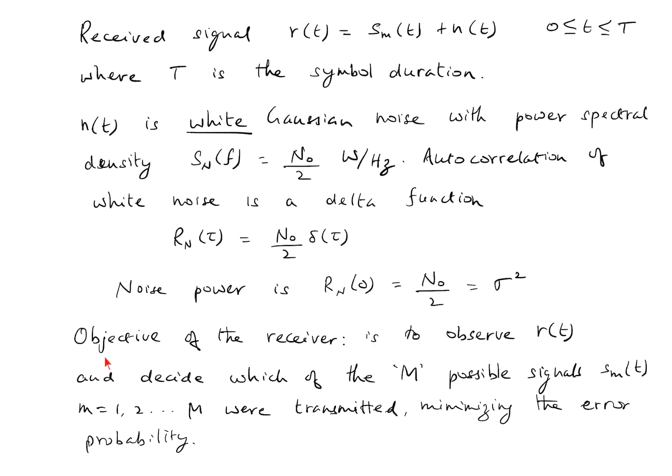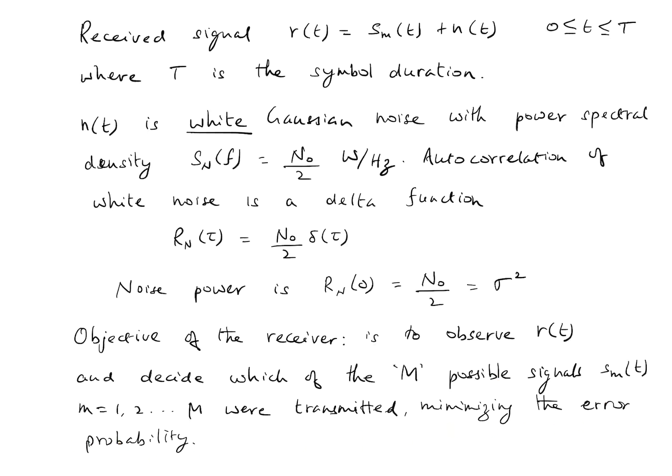The objective of the receiver is to observe this received signal r(t) and then determine which of the M possible signals has been transmitted, and it has to do so in such a way that the probability of making an error is minimized.